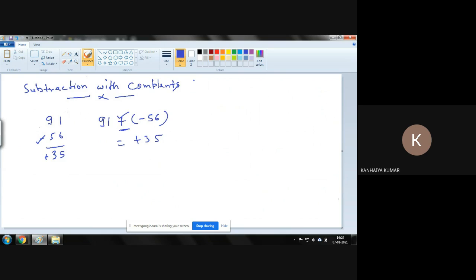Okay, now we can proceed, because we have the idea of one's complement, two's complement, radix, the number of digits in a given number n, and so on.